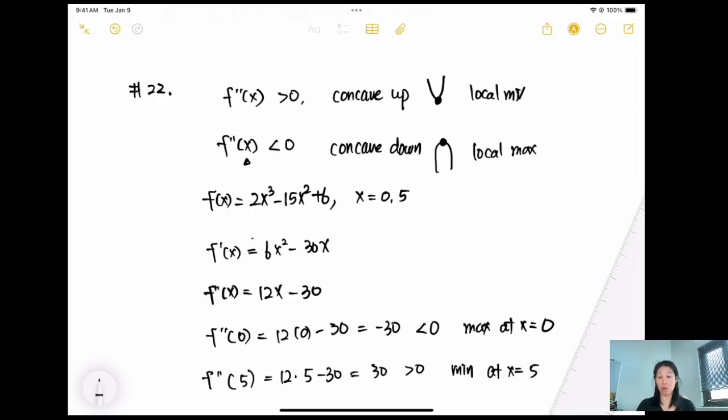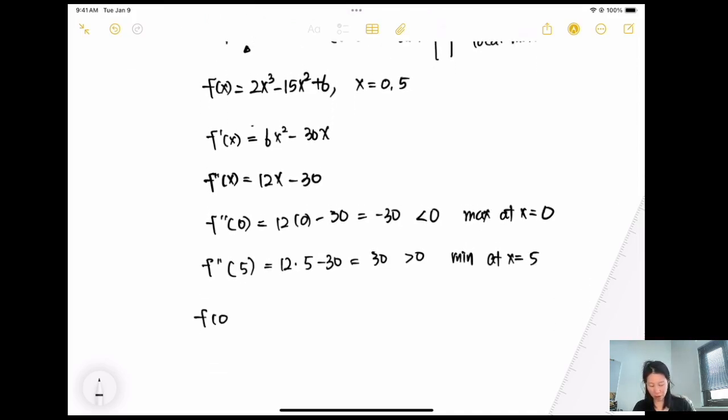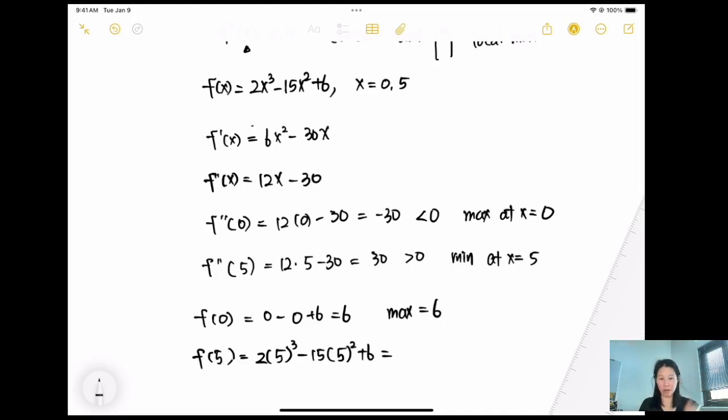And I still want you to find what's the minimum and what's the maximum. So we plug the numbers into the original function. At 0, I have 0 minus 0 plus 6 equals 6. So that means the maximum equals 6. And then f of 5, I have 2 times 5 cubed minus 15 times 5 squared plus 6, which, let me calculate with my calculator, is negative 119.